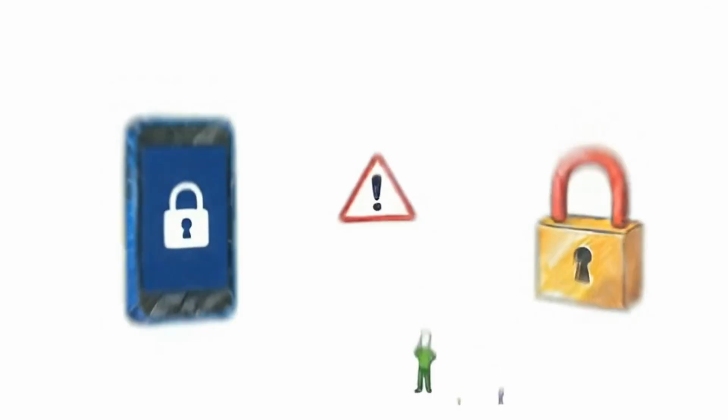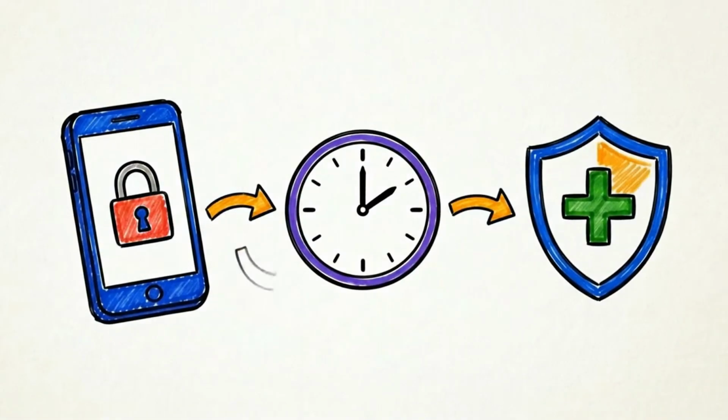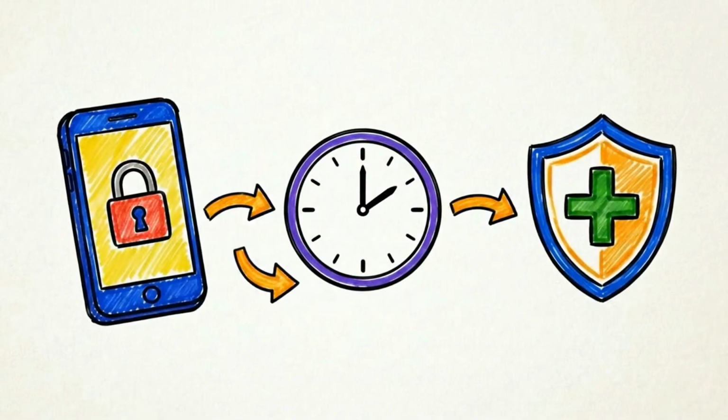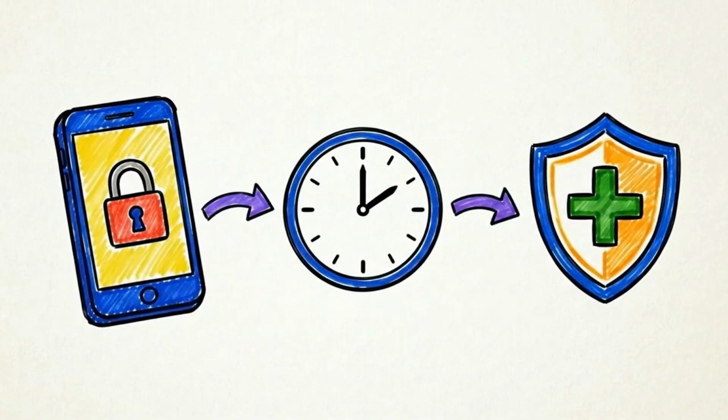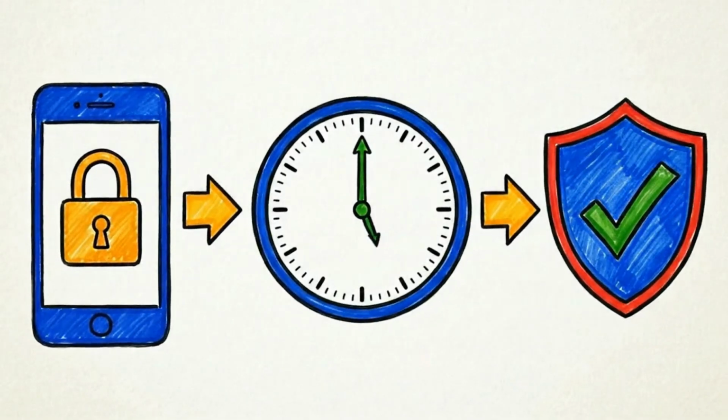Number 3, leaving your phone unlocked or recently unlocked within reach of strangers. According to Apple's official support pages, the protection most of those privacy videos talk about, called USB restricted mode, fully activates 1 full hour after the phone has been locked.